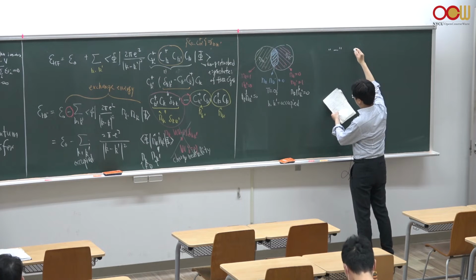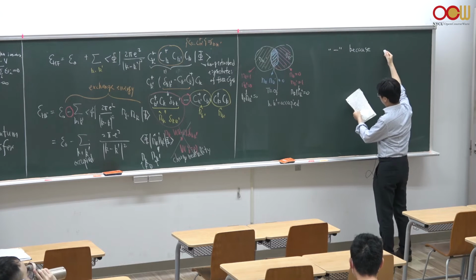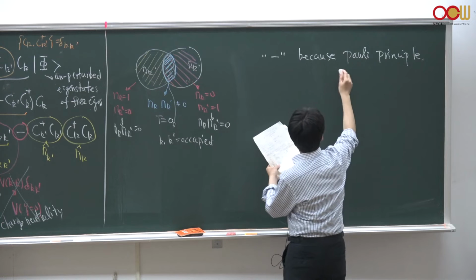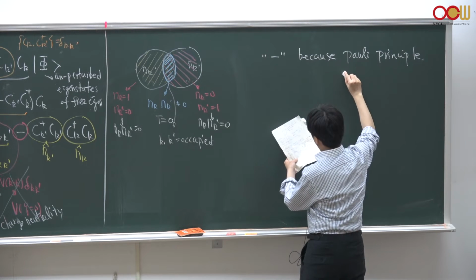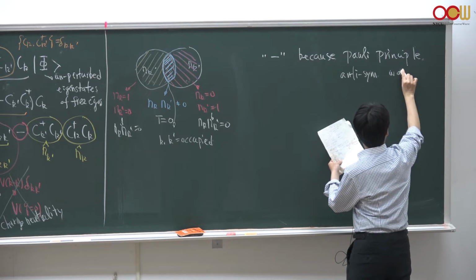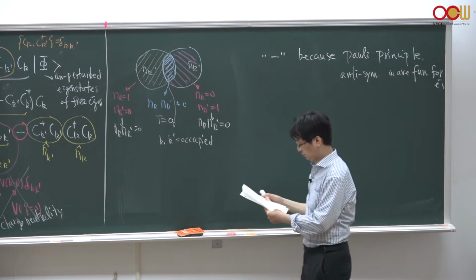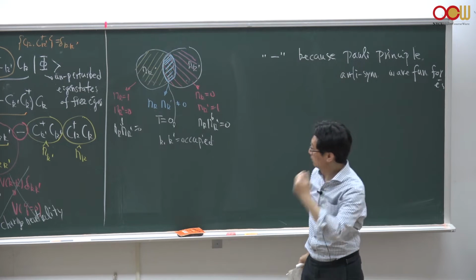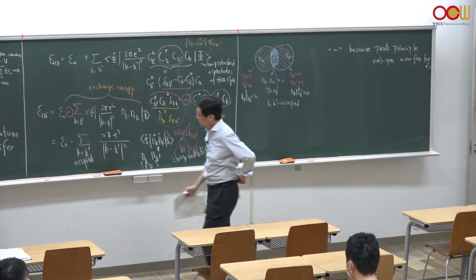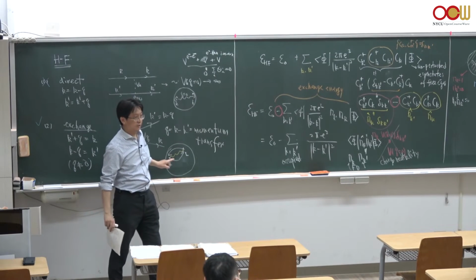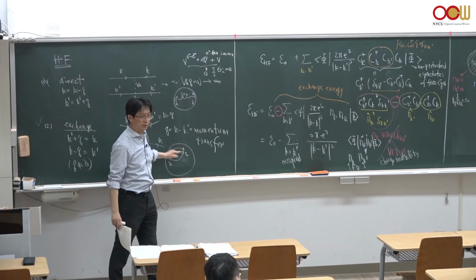It is because of the Pauli exclusion principle and also the antisymmetric wave function for fermions, or for electrons. So remember, these exchange processes occurred when we exchanged these two electron states after the Coulomb interaction, right?